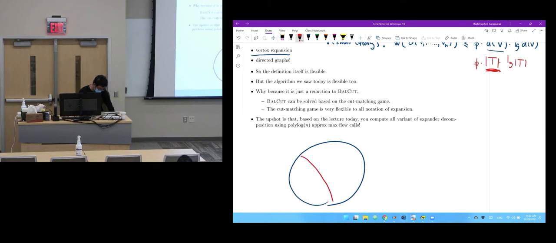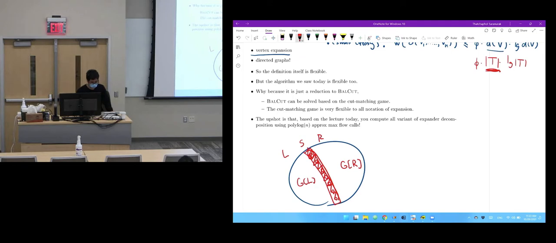So this is not edges, right? It's a vertex sparse cut, so there are really some vertices here. Then once I find this vertex sparse cut, I remove all these vertices from the graph. Let's say this is the L side, the separator, and the R side, then I recurse on GL and GR.